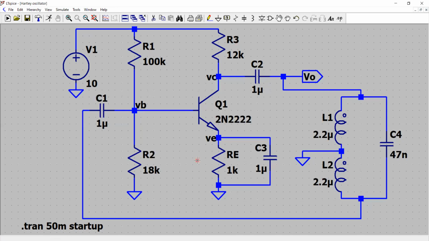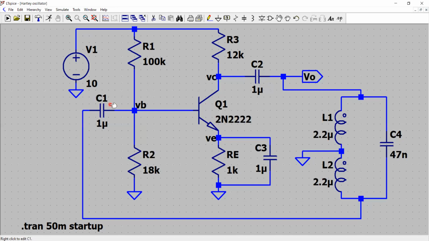Otherwise, if we use the resistor RE in the circuit, the gain of the circuit is the ratio of R3 divided by RE, where R3 is RC. You can call it R3 or RC divided by RE, and there will be a negative sign here because it's an inverting amplifier.